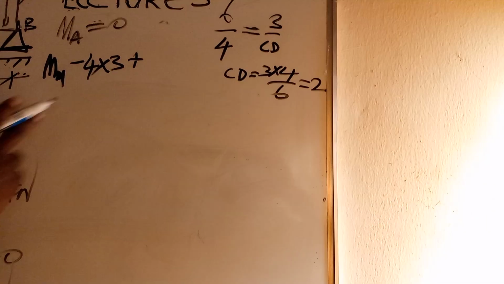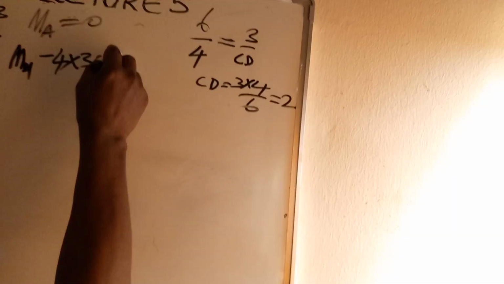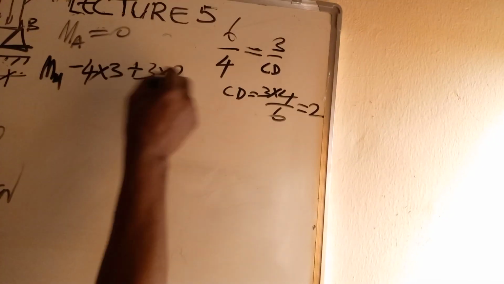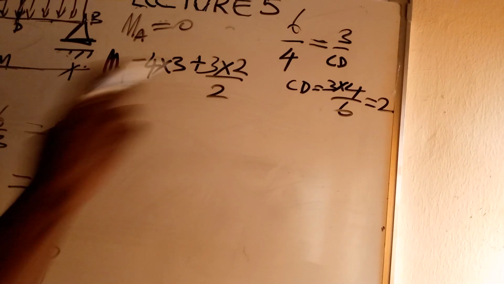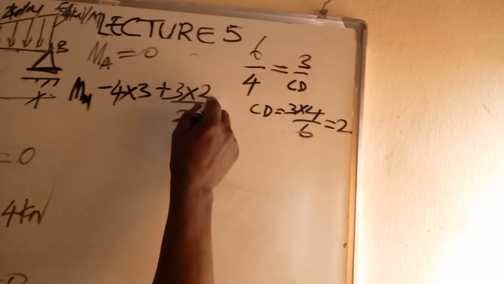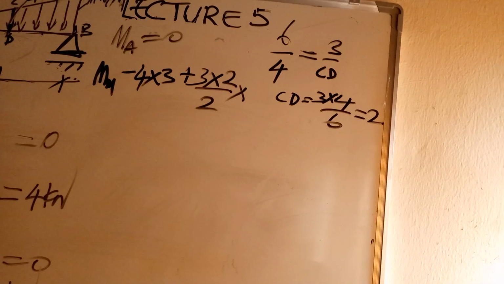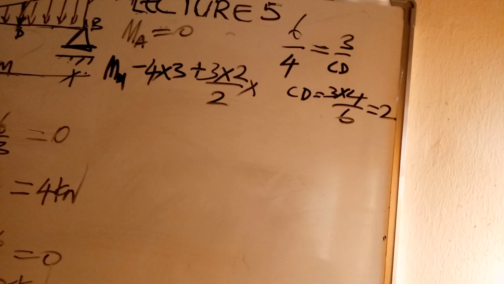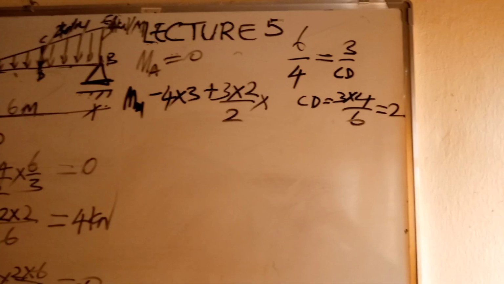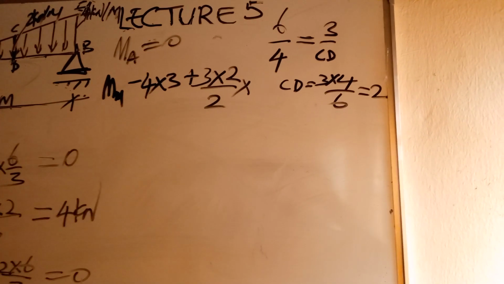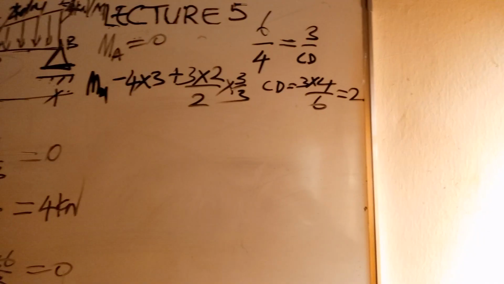So that means I can now get the area of this triangle, which is 3 times 2 over 2. Then times the distance from the center of gravity of this small triangle to D, where I'm taking the moment, which in this case is 1/3 of the length, 1/3 of 3, which is 3 over 3, because the total length from A to D is 3.